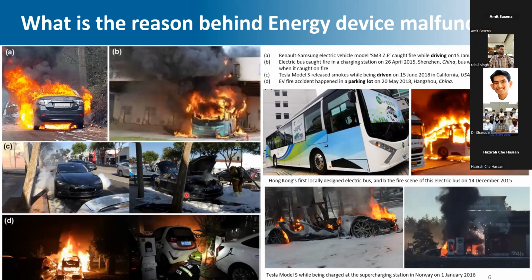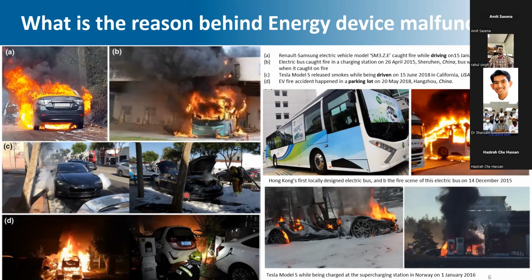So this is just a consequence slide. And these are the latest incidents which have happened around the globe through different types of electrochemical cells. To understand how this is happening, what is the reason behind it?